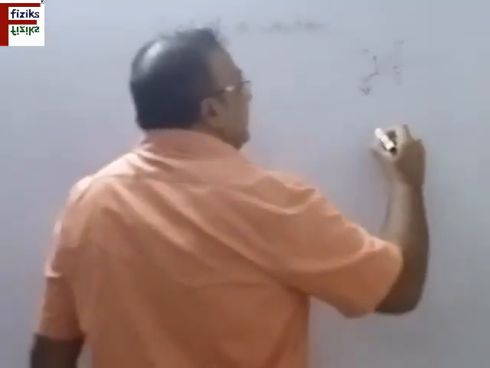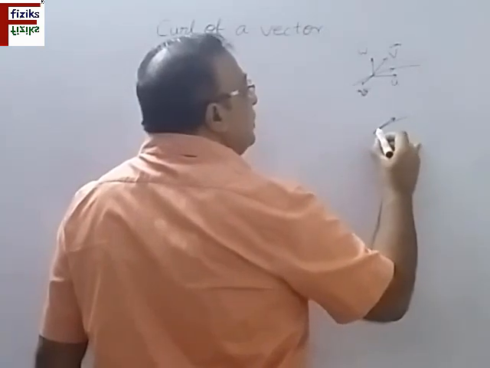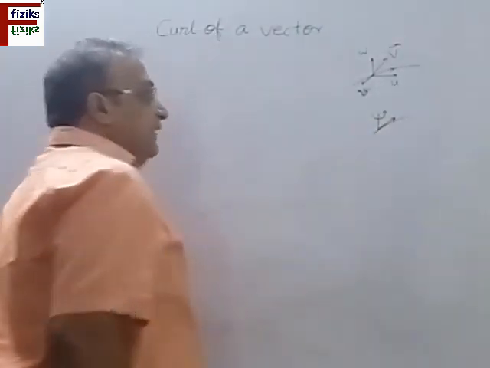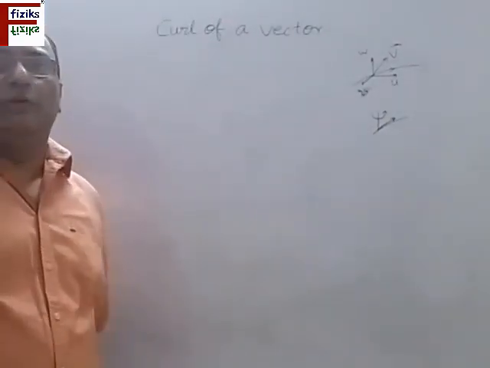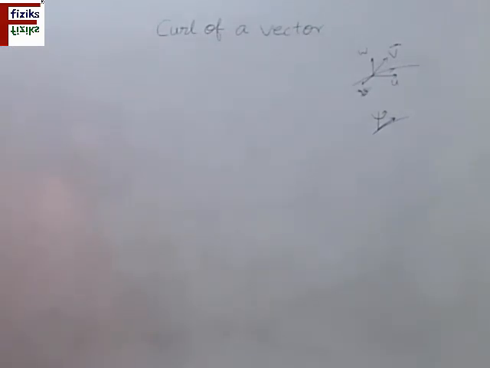So the particle is moving in such a way that it is having linear motion and also it is moving or rotating about an axis simultaneously, about any axis, x, y or z, or maybe more than one axis. So this is called the rotational flow.